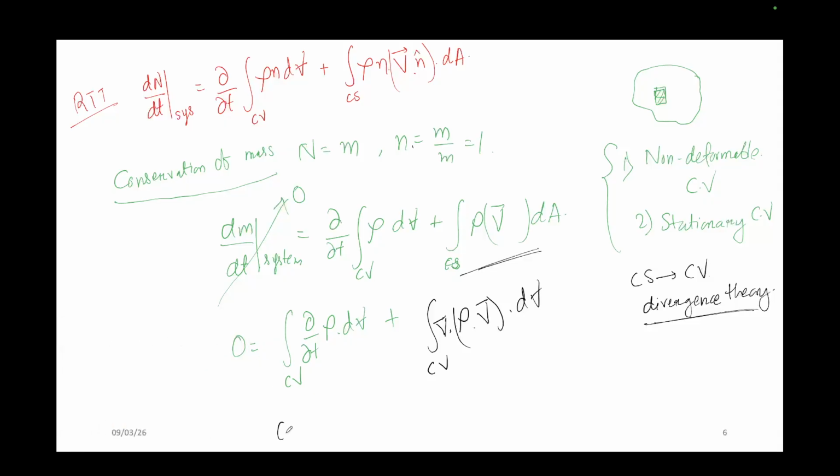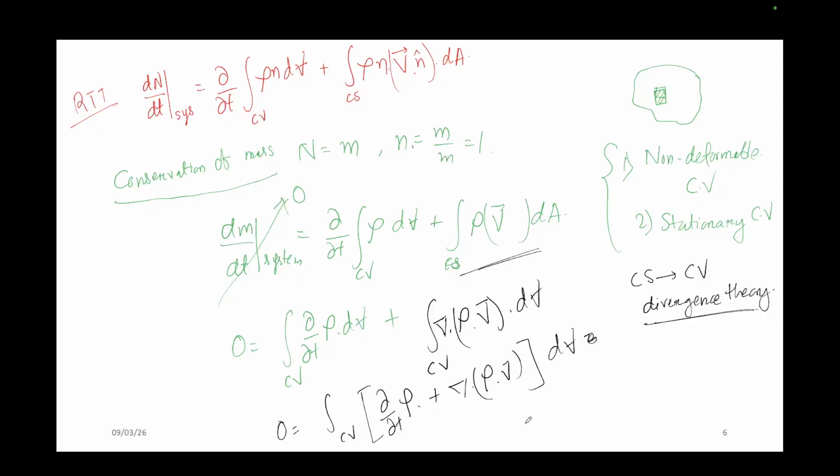So now can I write? I just take the integration, or I write this as d/dt of rho plus, can I write? Okay.